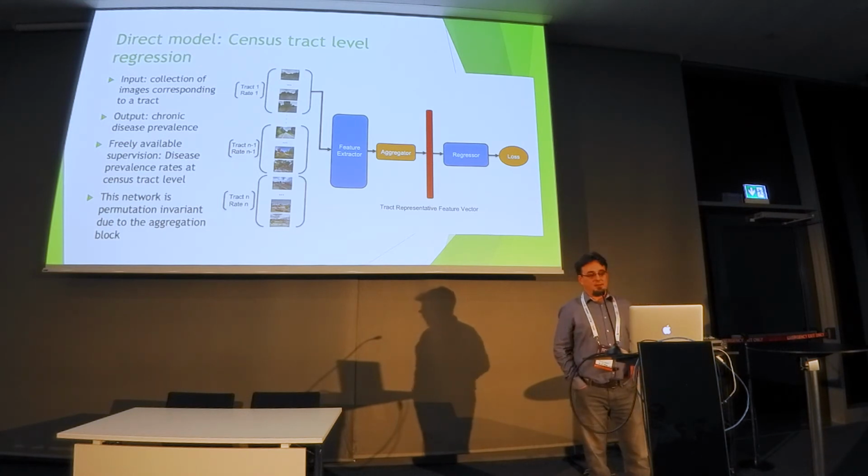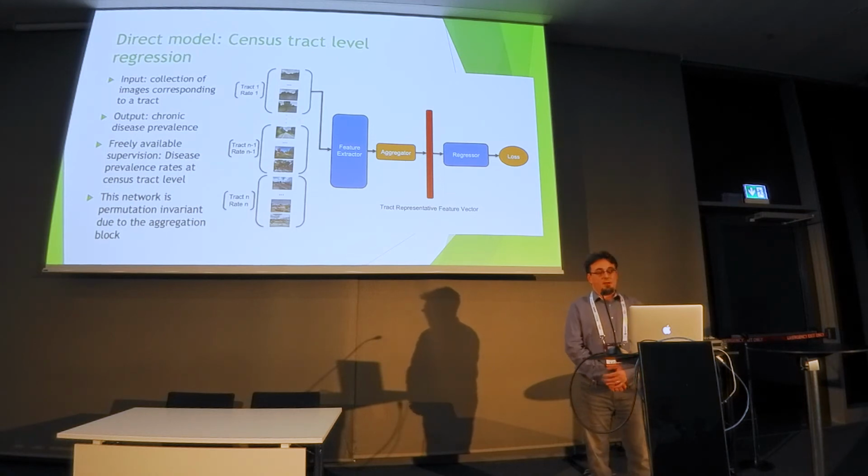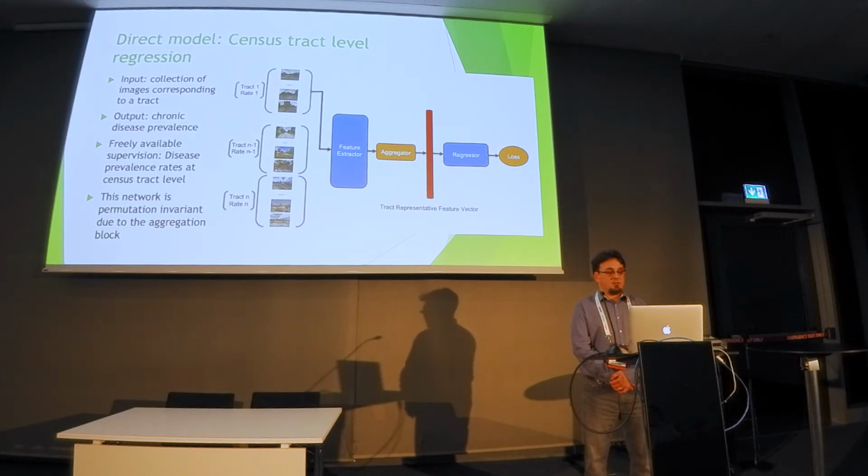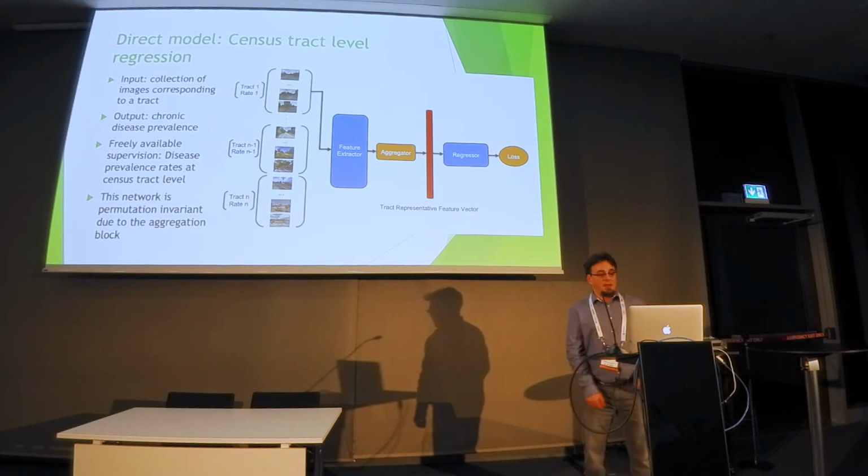So we have an aggregator in there, such as a simple mean of features. And then we directly try to predict the disease rate. This gives us a freely available signal for supervision: disease prevalence rates at the census tract level available from the CDC.